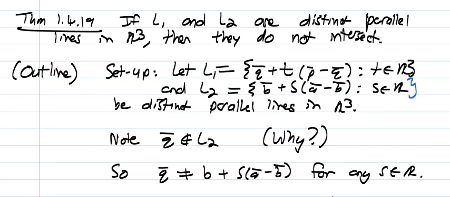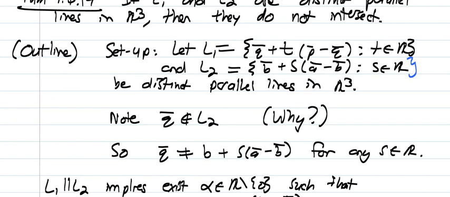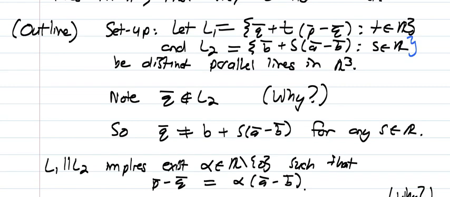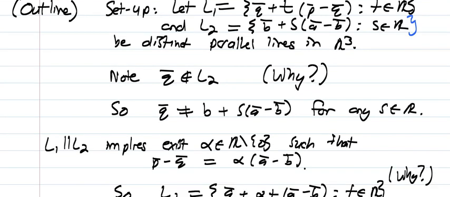Now, you can say q is not sitting on line 2. I'm going to leave it for you why this is so. And then because q is not on line 2, we can say q is not of the form b plus s times a minus b for any real number s. Now, because the two lines are parallel, from the definition of being parallel, there exists a non-zero scalar alpha such that p minus q is equal to alpha times a minus b.